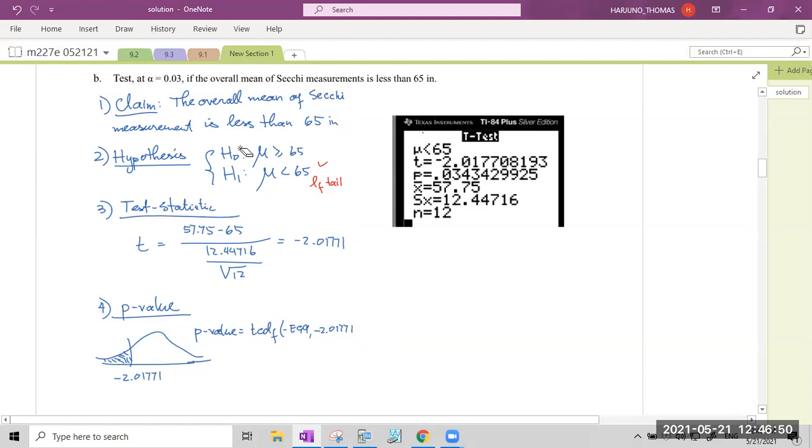Right, degrees of freedom is 11. And the p-value is 0.03434. Oh, just slightly greater than 3%, huh? Okay.